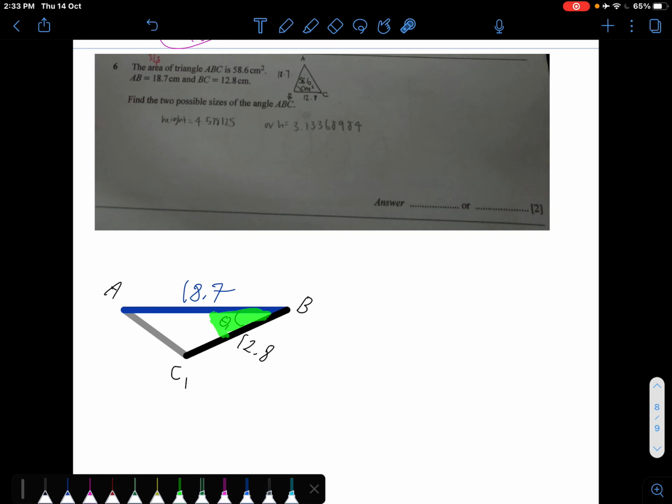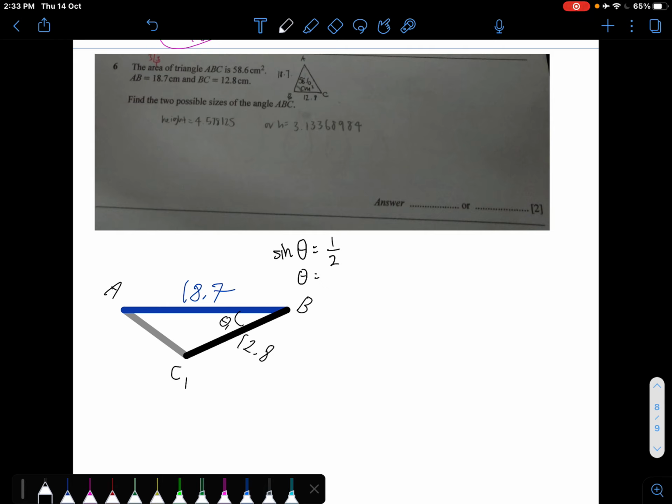Now, how can it be? You're asking yourself, there's only one triangle. How come we'll have two possible angles? That's when you need to be a bit creative and realize, when do you get to have two angles? When you are trying to solve, let's say, sine theta equals 1/2.